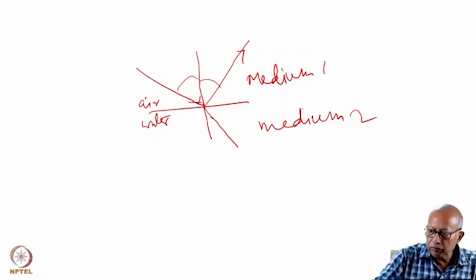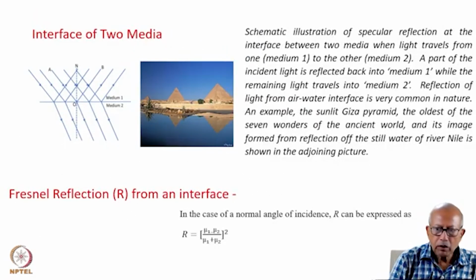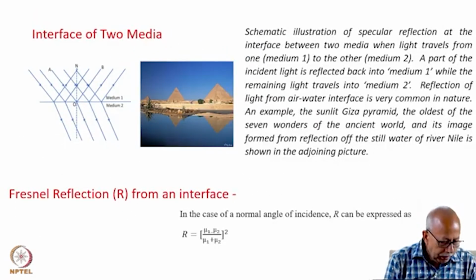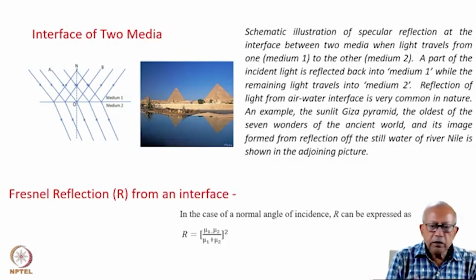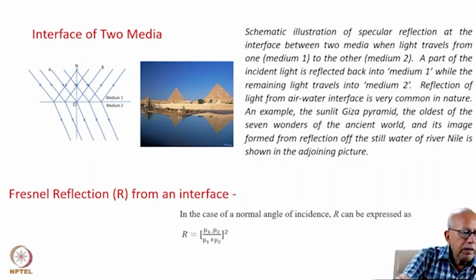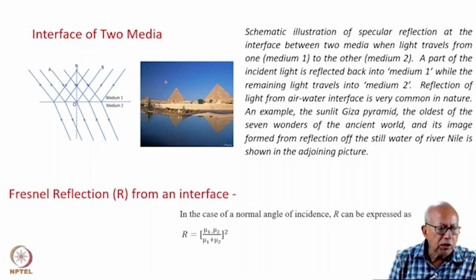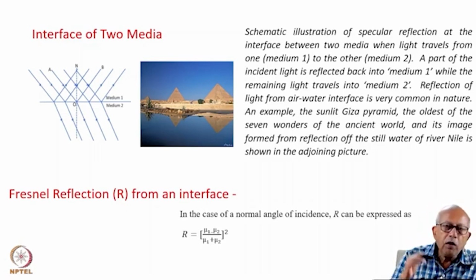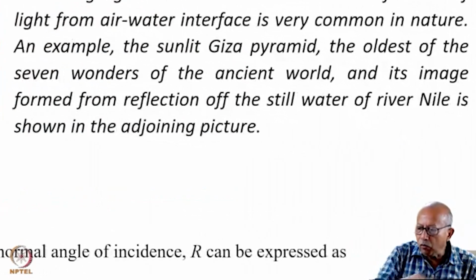For example, you see, this adjacent picture captures a sharp image of the Great Pyramid of Giza as a result of the reflection of light from the absolutely calm and wriggle-free air-water interface of the River Nile. So what happens?